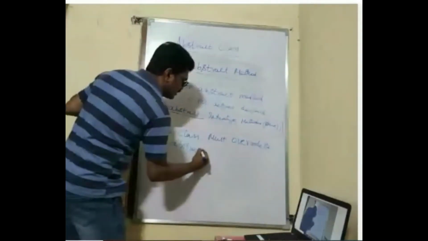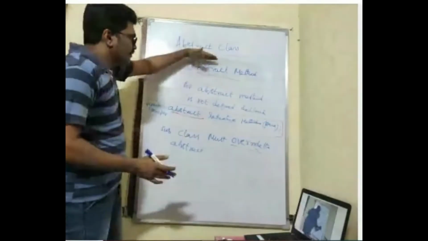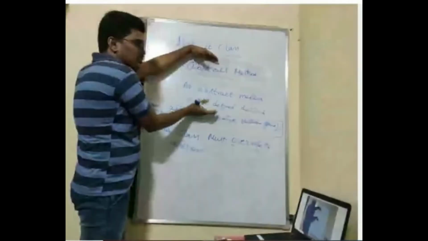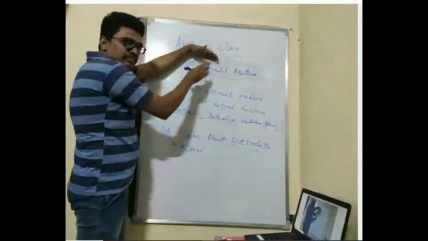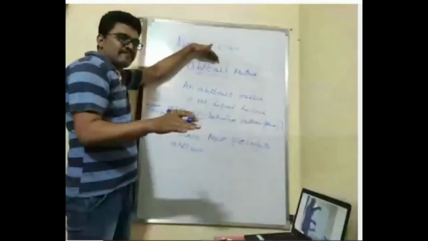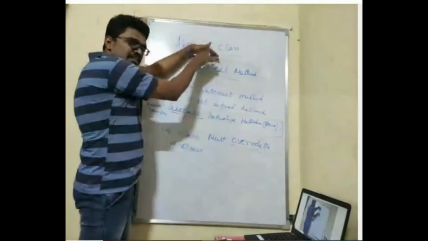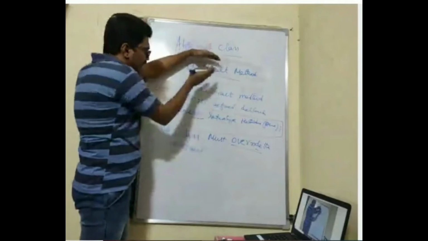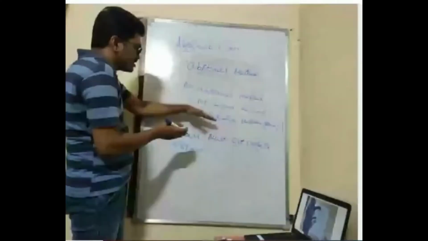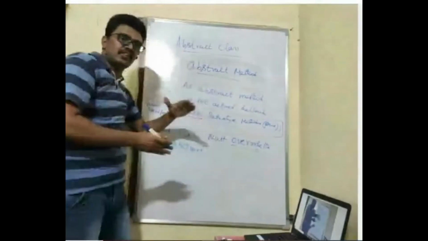It should compulsorily implement it. That's what we discussed in interfaces also. If a class is implementing an interface, it should implement the methods in it. Similarly, if a class is extending an abstract class, that class must implement the abstract method which is in the abstract class. If it is not implementing, it should also be an abstract class.